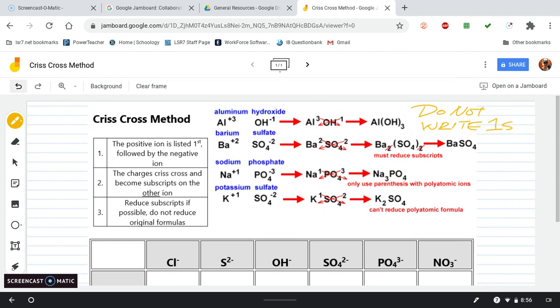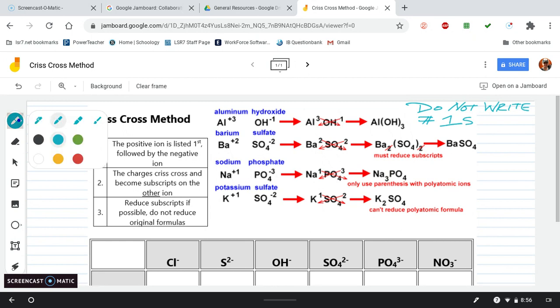Now let's talk about the parentheses. We've got a parenthesis there, and that goes around the O and the H. What is the parenthesis?